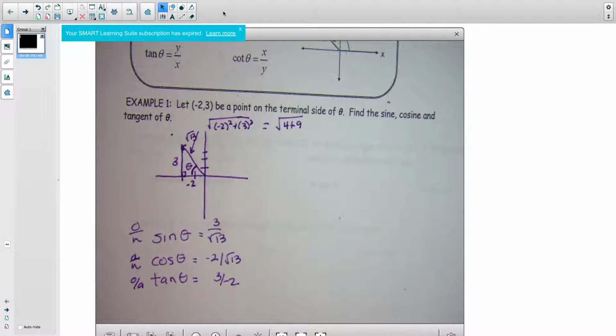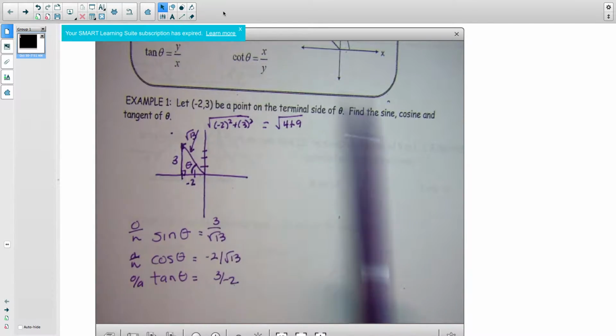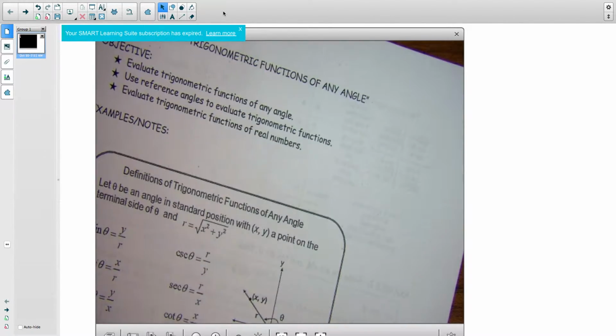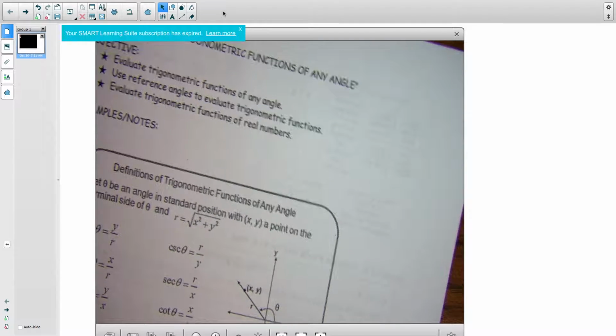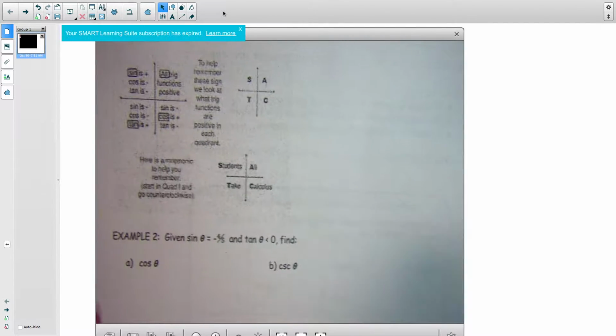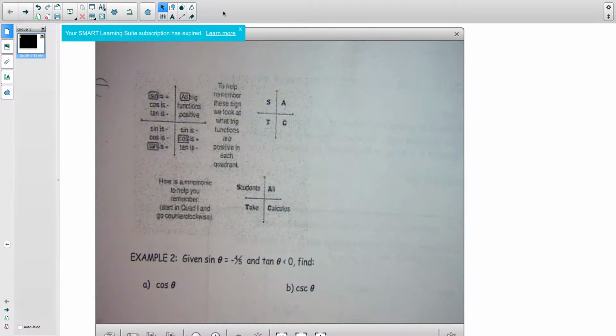If you draw your triangles, use everything you know, you don't need to memorize this, and you will always get your signs right.